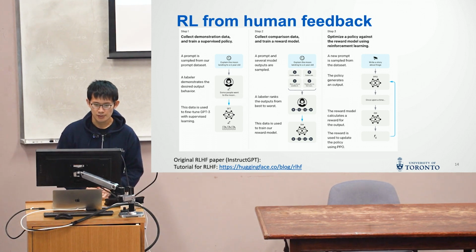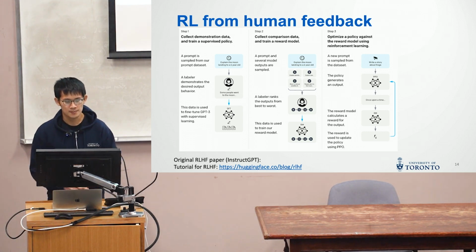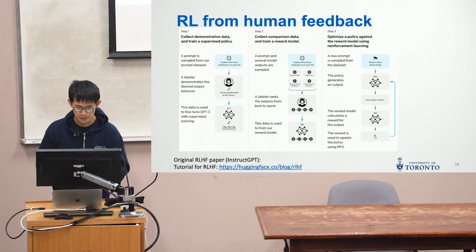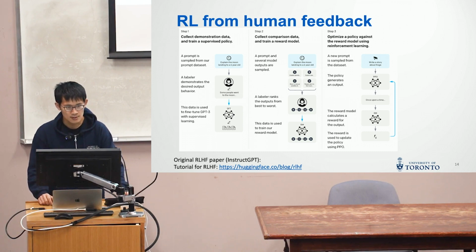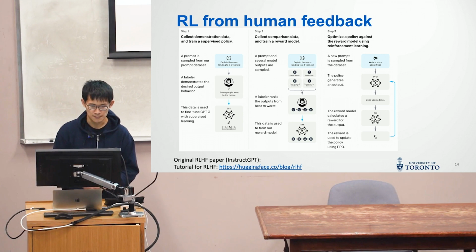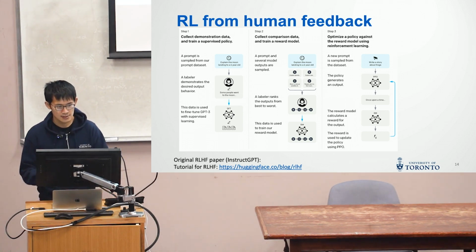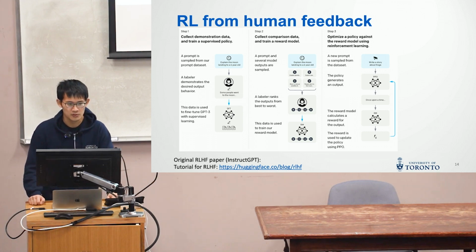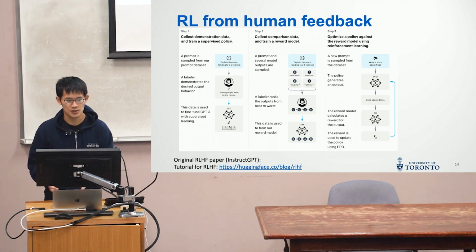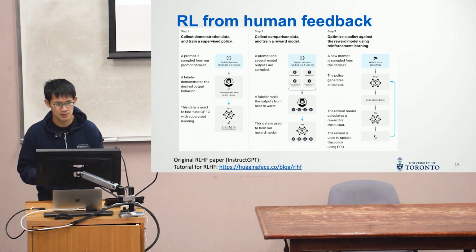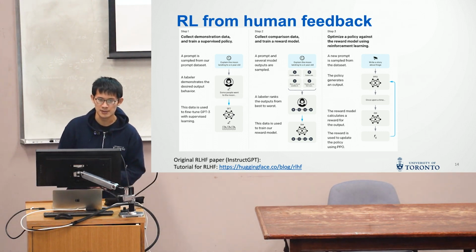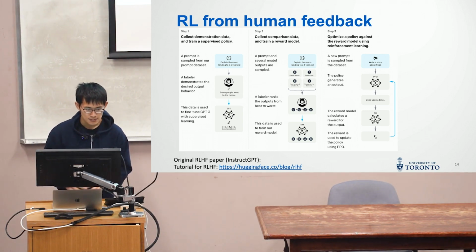Steps 2 and 3 can be iterated. After they optimize the language model or the policy, they can further generate a batch of comparison data, ask more humans to annotate it, use those annotations to train a reward model, and use this reward model to further optimize the policy, or the language model itself.